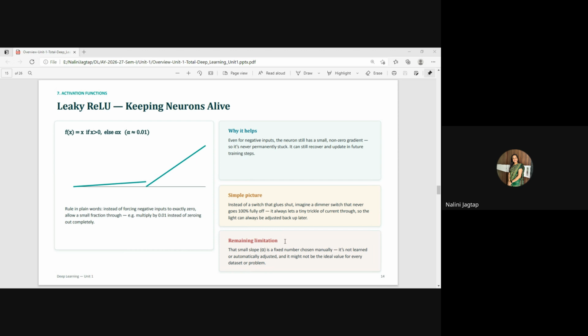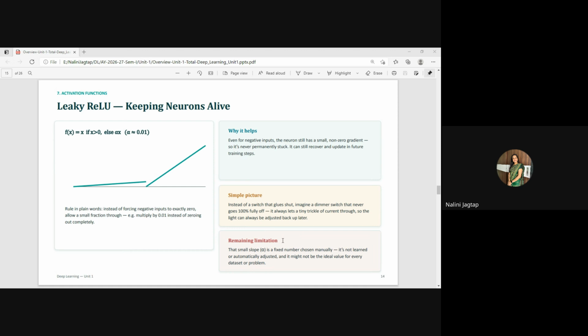The practical effect of this small change is significant. Even when a neuron's input is negative, it still carries a small non-zero gradient, which means it is never truly permanently stuck. There always remains a narrow doorway back to health during future training steps.